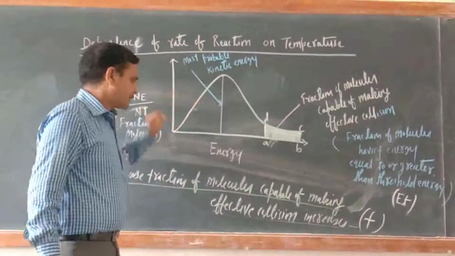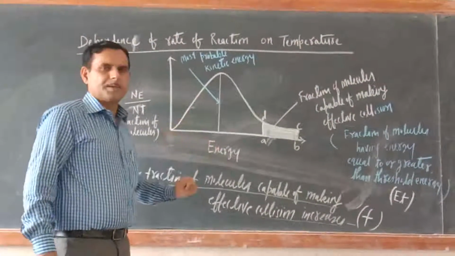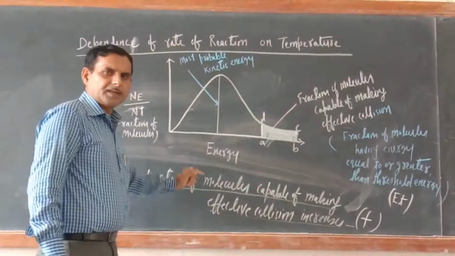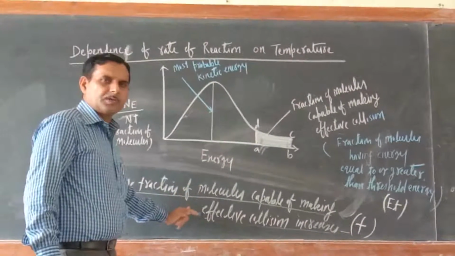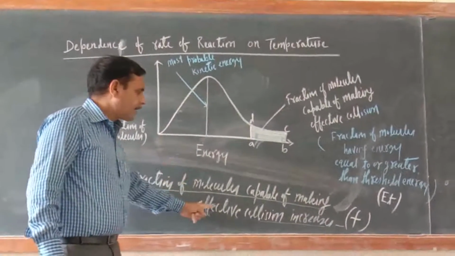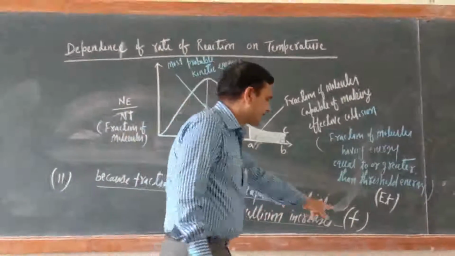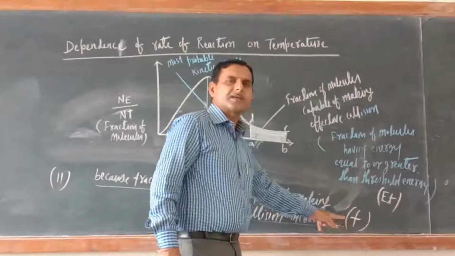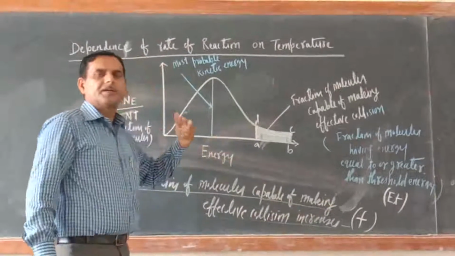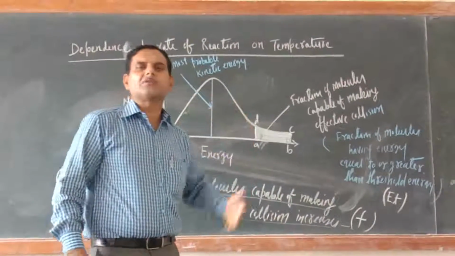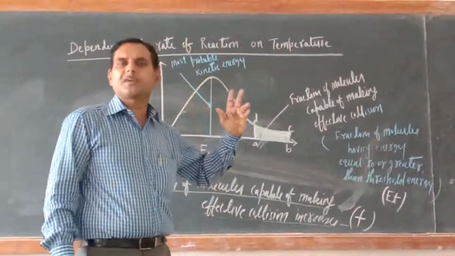So dear cadets, when we increase the temperature, what is happening? The fraction of the molecules capable of making effective collision increases, means F is increasing. Actually, what are the molecules which are capable of making the effective collision?